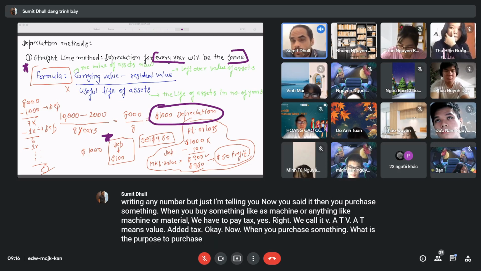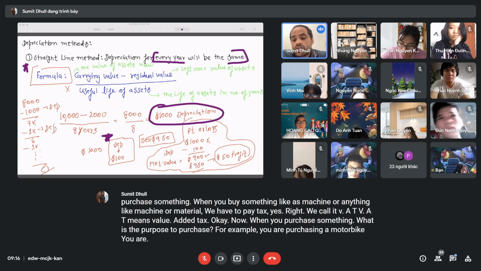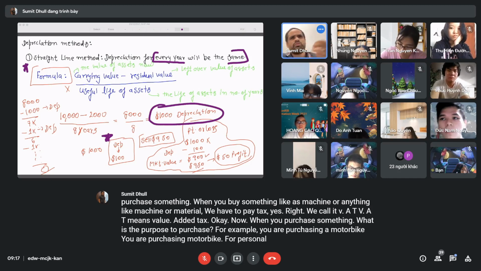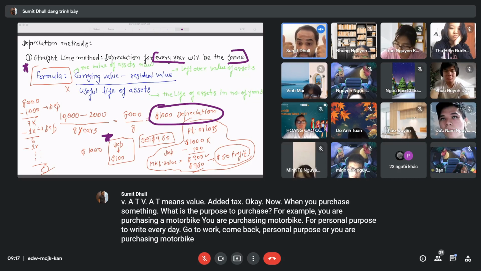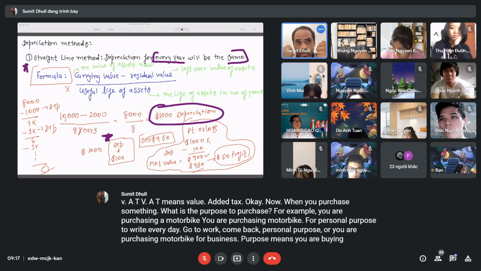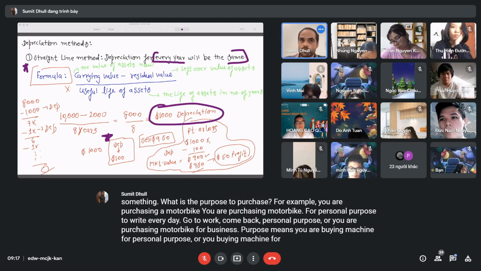For example, you are purchasing a motorbike for personal purpose, to ride every day, go to work, come back, or you are purchasing a motorbike for business purpose.